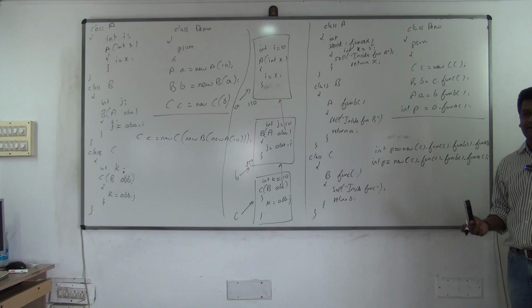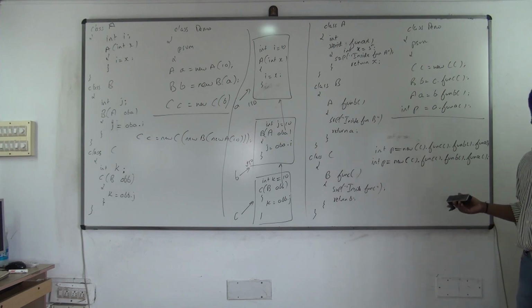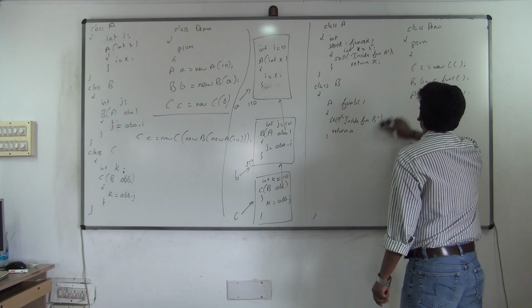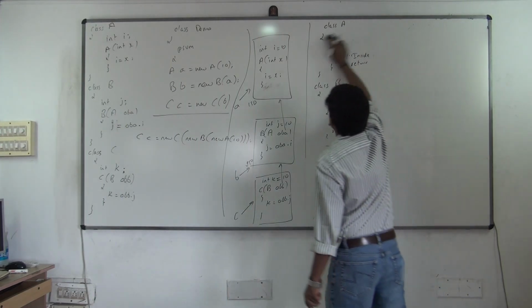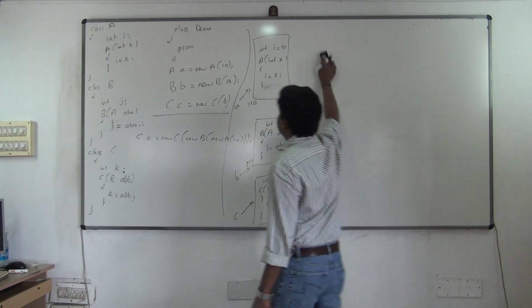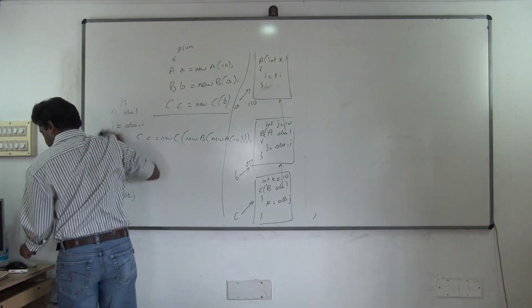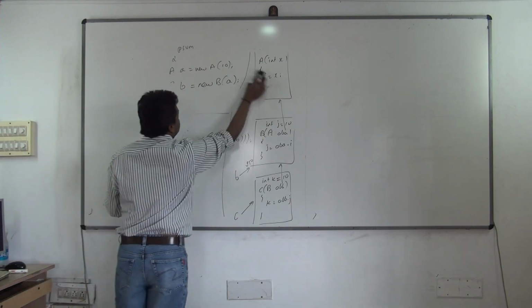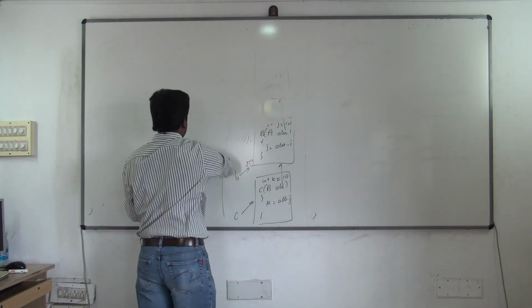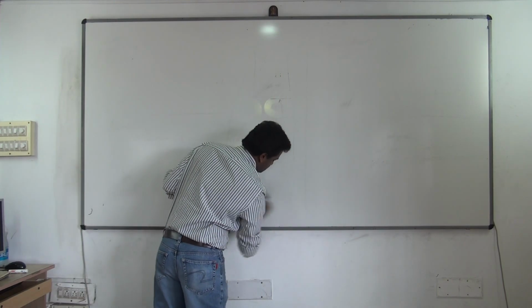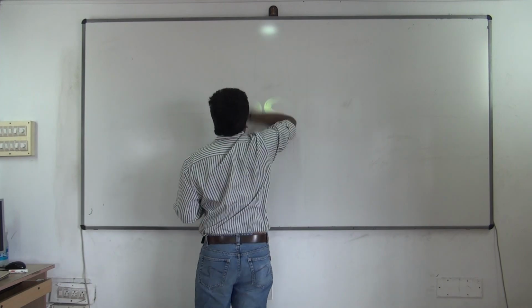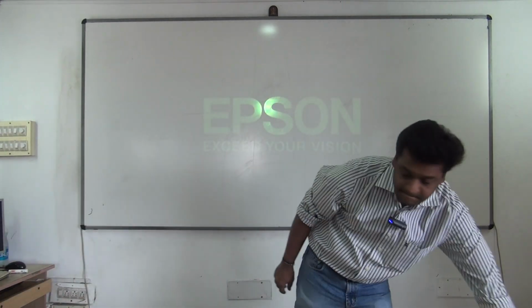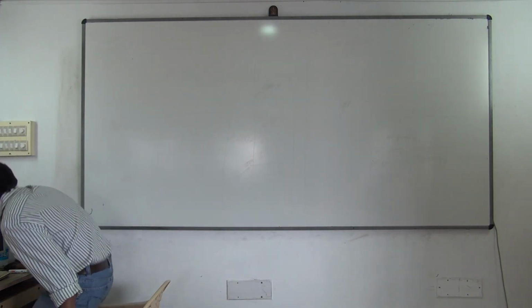Understood? So these are very essential programming things that you have to really understand. Should I clear this now? Okay, see this now.